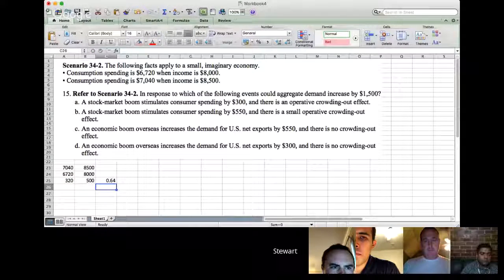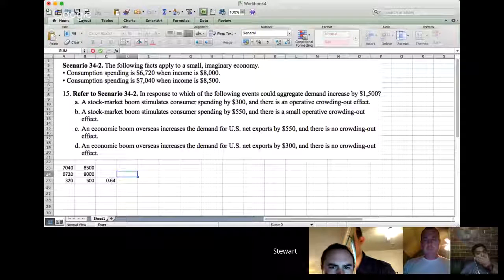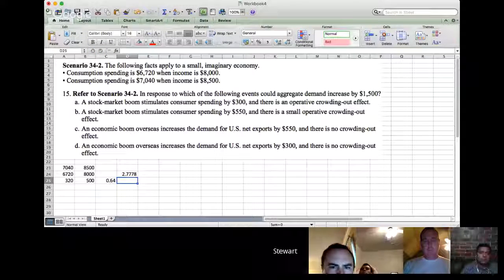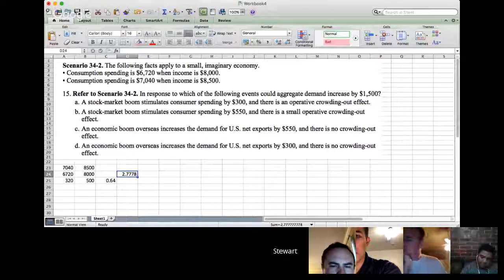Now we apply 0.64 to our formula, which equals 1 divided by 1 minus 0.64, which gives us a multiplier of 2.78. Okay, now we know our multiplier is 2.78.